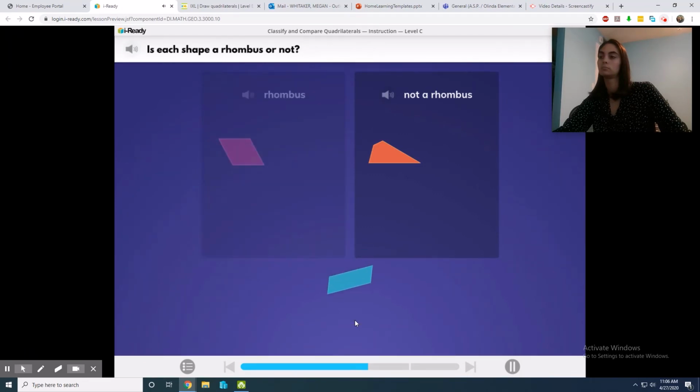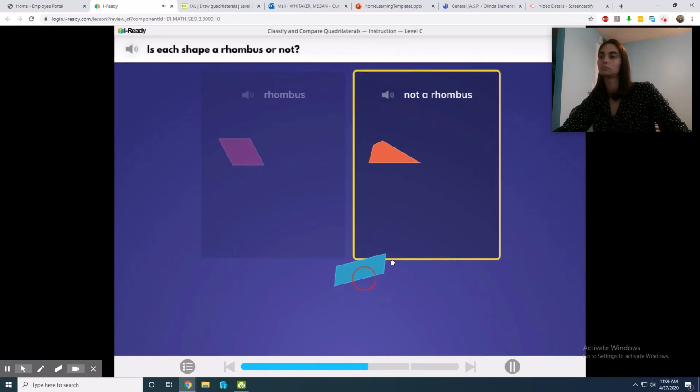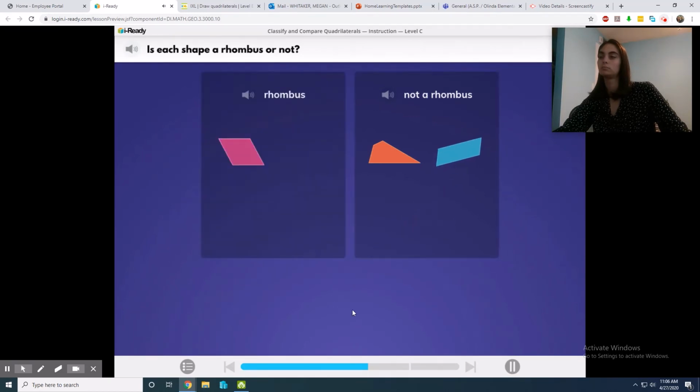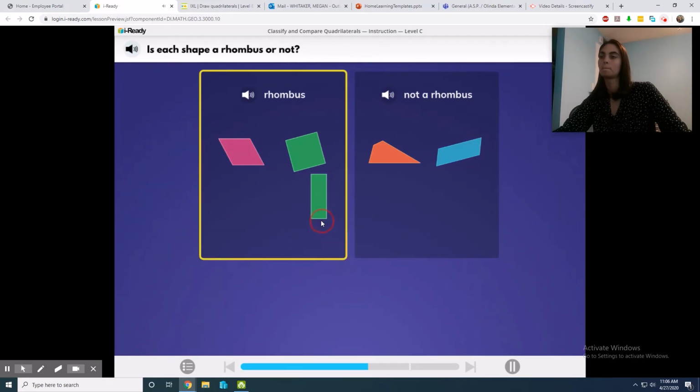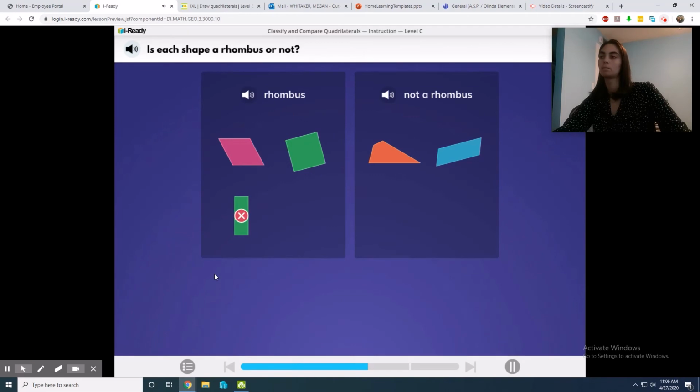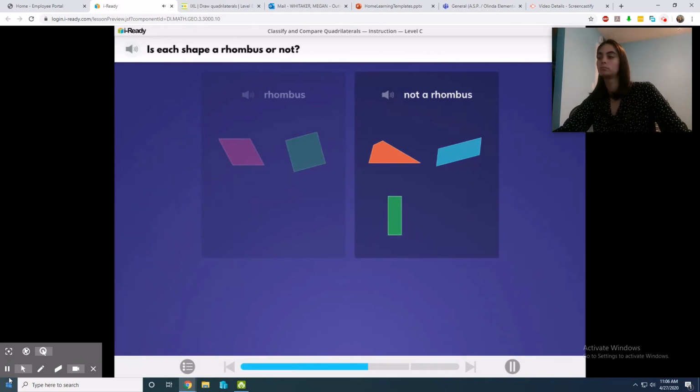Move the shape to this bin. Not all 4 sides of this rectangle are the same length. Move the shape to this bin. Rhombuses have 4 equal sides.